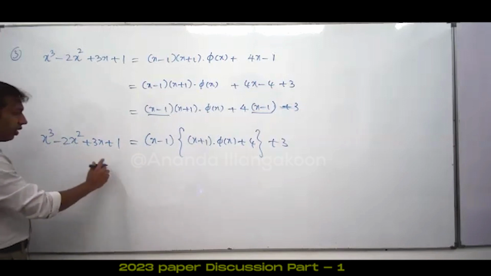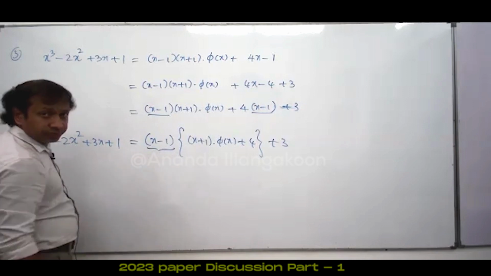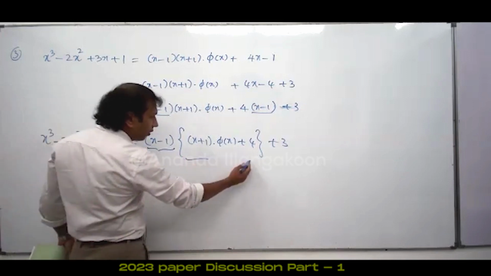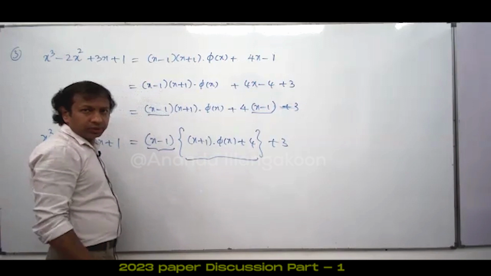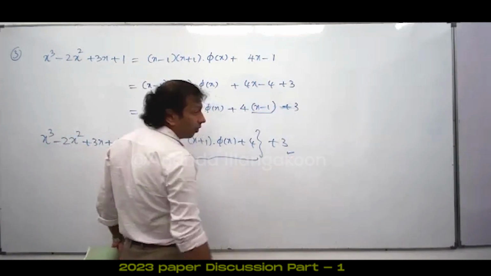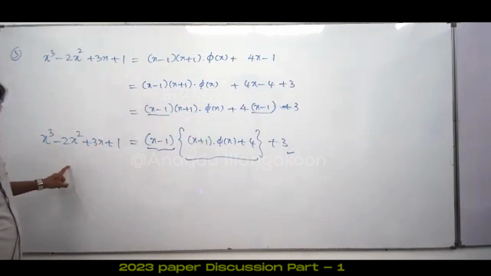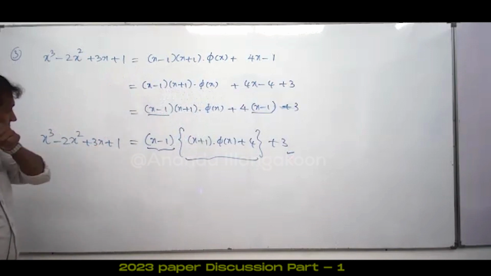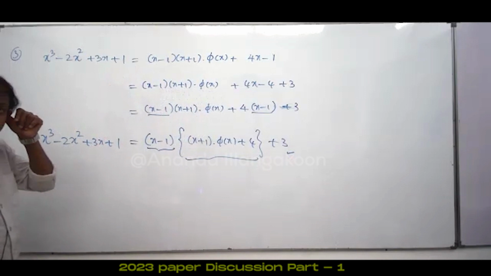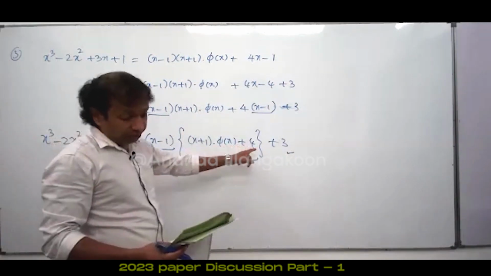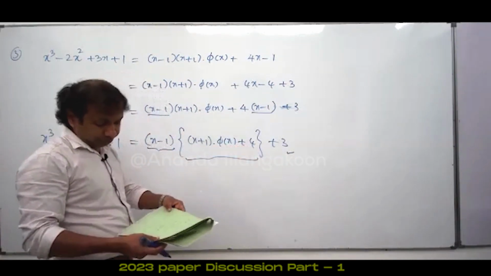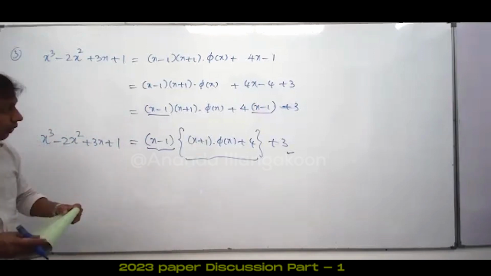When this is divided by x minus 1, this is your divisor. Then this is the quotient. Then what should this be? This is the remainder. Then of course, using this result, we could show when this is divided by x minus 1, the remainder is 3. Correct, no? Okay. All right.